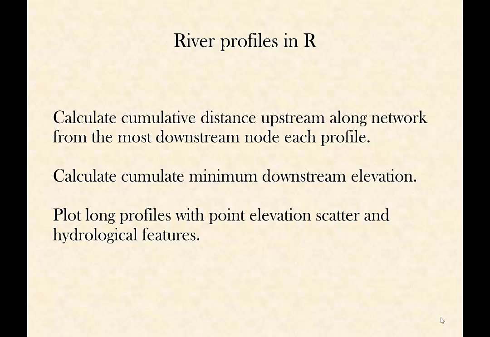So what I did was calculate the minimum downstream elevation from the top downstream. We always took the minimum elevation and drew the profile like that, which means it always goes down. So it's a cumulative minimum down through that set of points to estimate the profile. And then we plot them.